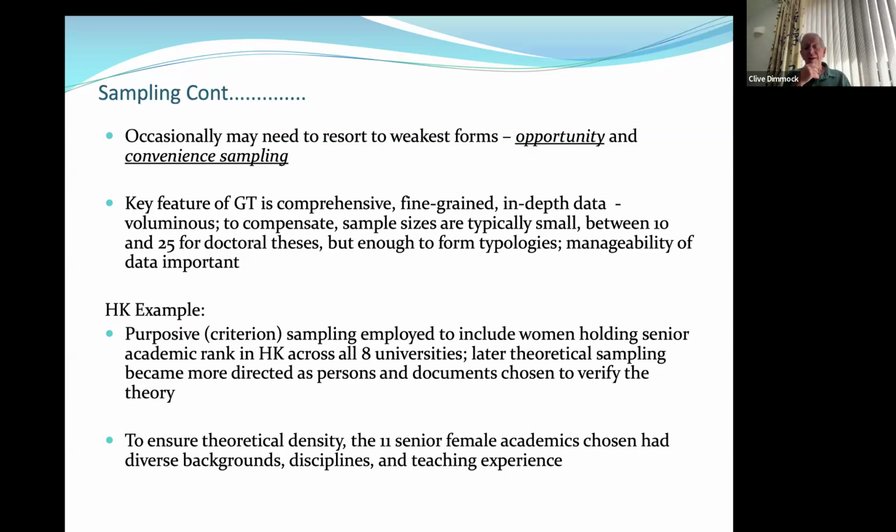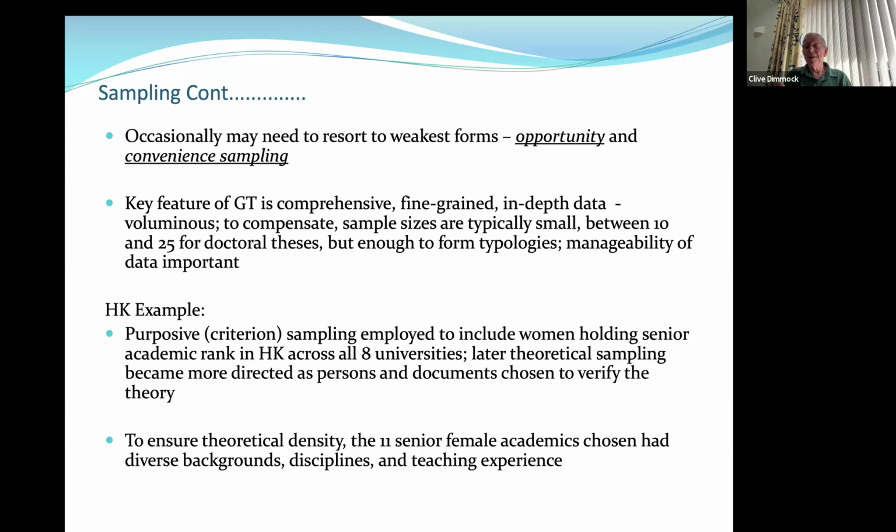So occasionally you may be forced to use opportunity and convenience sampling. These are also two types of purposive sampling, by the way, but they are the weakest because you may be teaching a class and you're going to use that class that you're teaching as your sample.